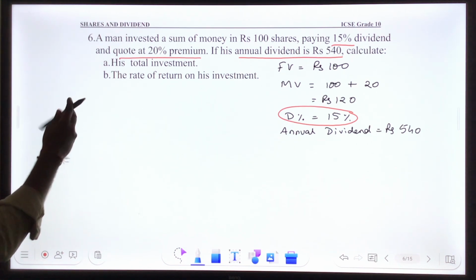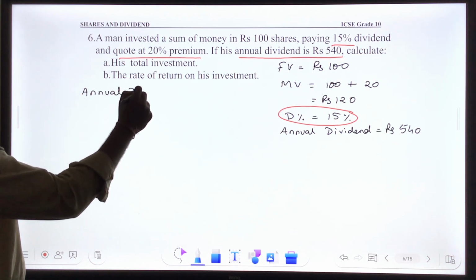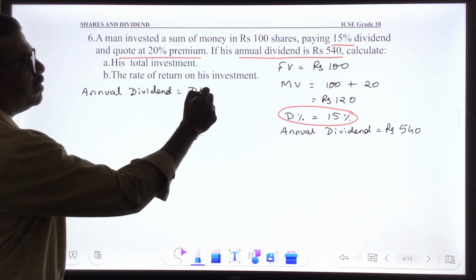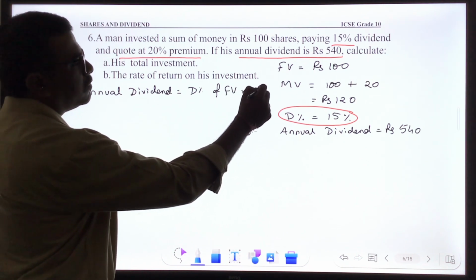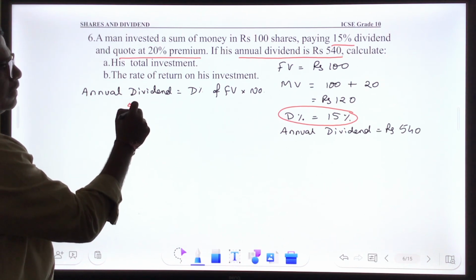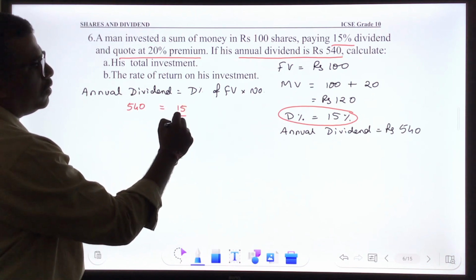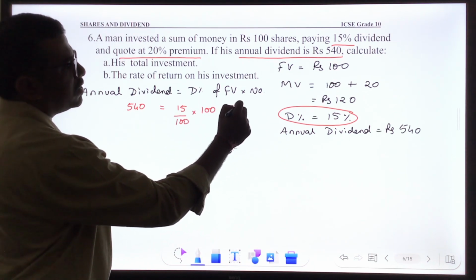So, annual dividend, which is rate of dividend on face value times number of shares. So 540 is equal to 15 upon 100 times face value 100 into number of shares that we don't know.